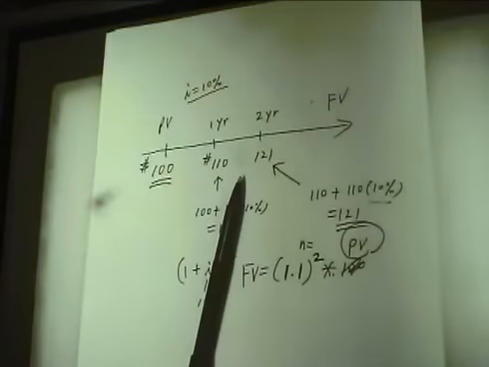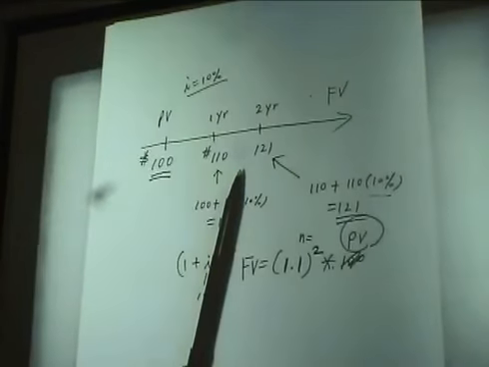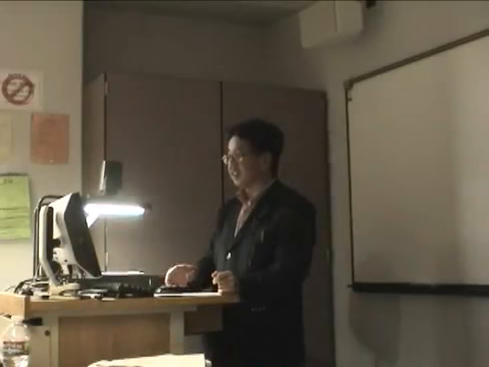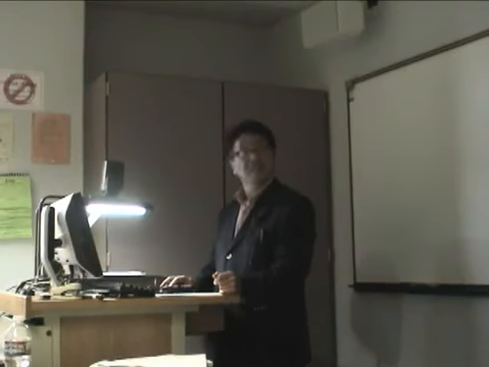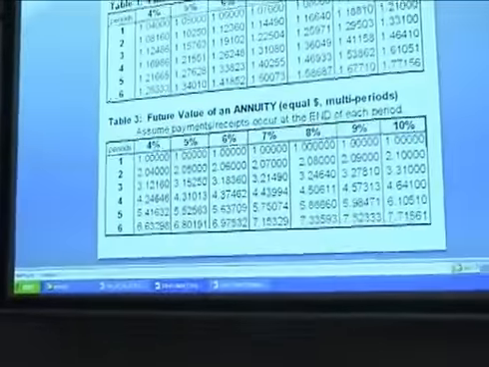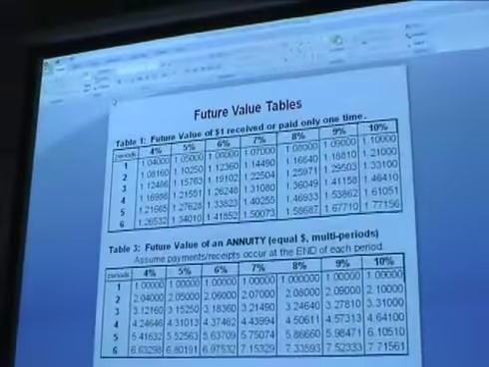You don't have to do it this way. You also can use tables. It's in Appendix C of your textbook, as well as in chapter 15. It's a future value table. It's universal, the same. Okay.